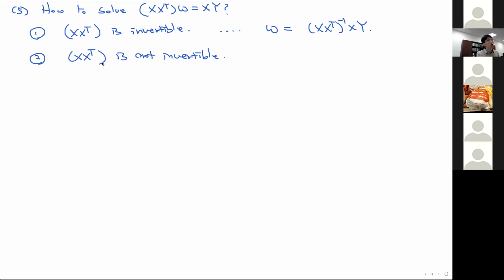But I want to give you maybe 2 minutes to think about how you can handle the second case where XX transpose is not invertible. Think about it, and then maybe you can write down the general form of all the solutions, convince yourself why that is the case, and also say which one you want to pick out of all the possible solutions.